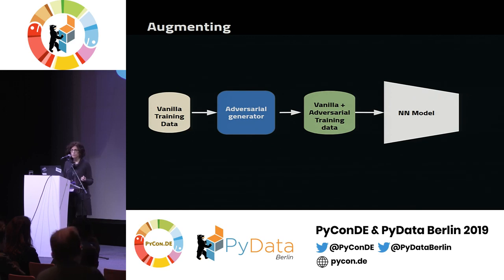And then the way this would work is you take your vanilla training set, you put it through your adversarial toolbox, you generate a whole bunch of adversarial examples, and you feed them back into your classifier or detector or whatever it is you're training. And at least your model will already have been exposed to those adversarial examples.